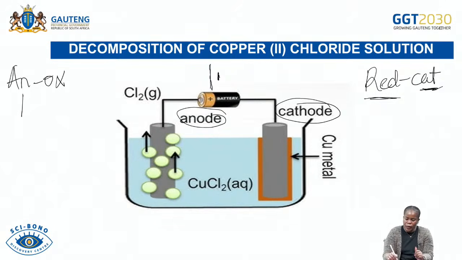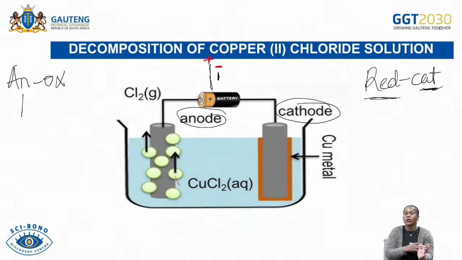This is the positive terminal of the battery, and this is the negative terminal of the battery. The anode is the electrode that is attached to the positive terminal of the battery, whereas the cathode is the one that is attached to the negative terminal of the battery.